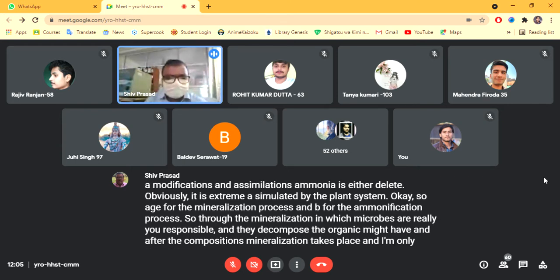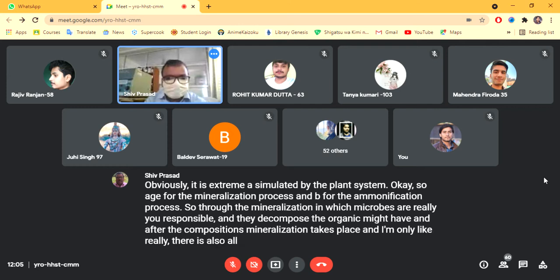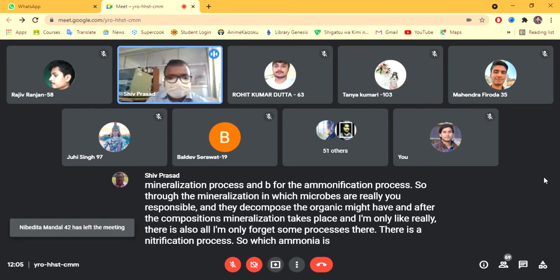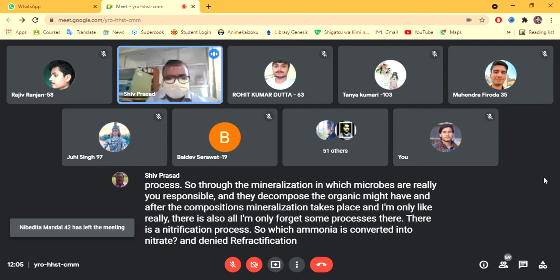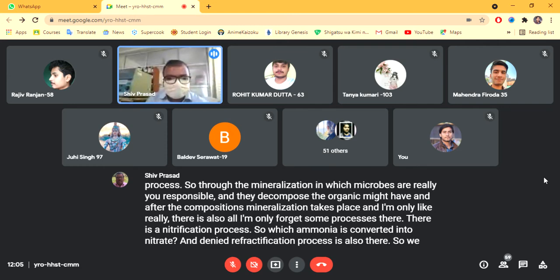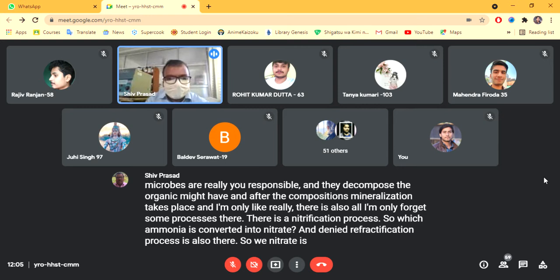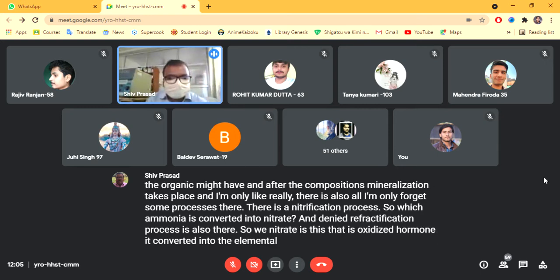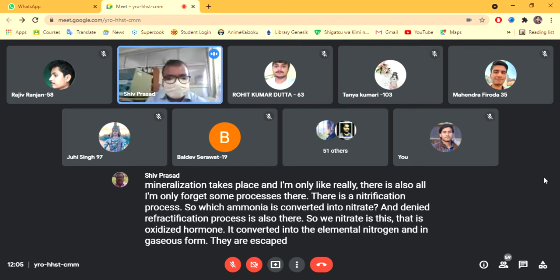There is also the nitrification process, through which ammonia is converted into nitrate, and the denitrification process, in which nitrate, the oxidized form of nitrogen, is converted into elemental nitrogen, and in gaseous form escapes into the atmosphere.